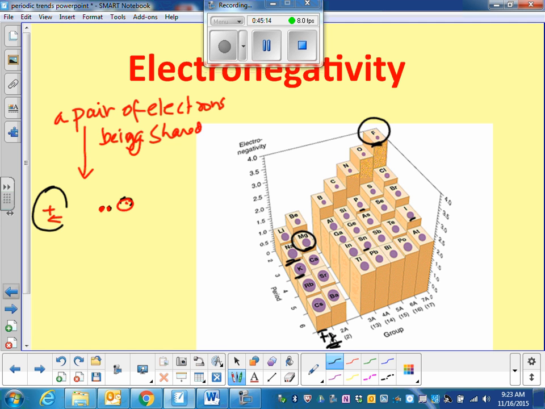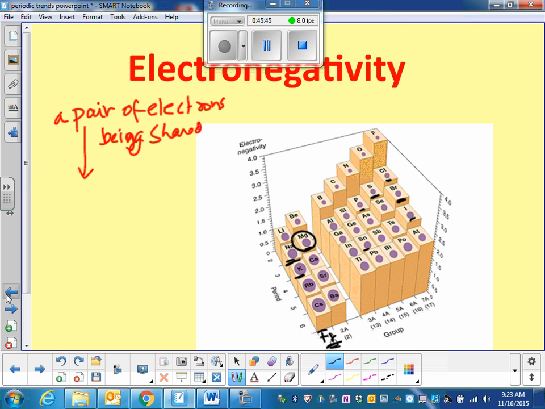Now, can you go to question number 6? We are comparing chlorine, bromine, and sulfur. Which is the most electronegative, and which is the least electronegative among the three?